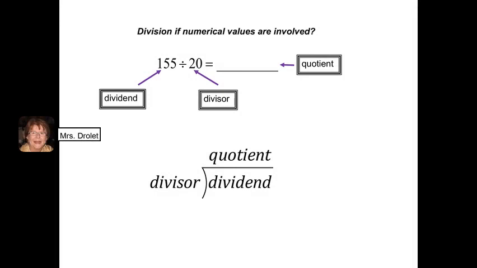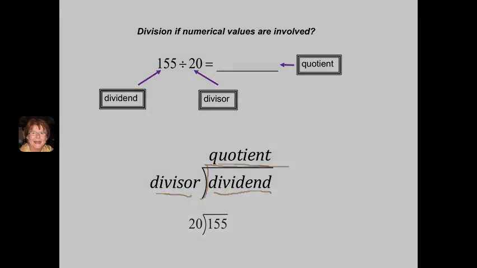And I'm using these words because this is how you're going to set up your long division. The question, the dividend, you put it inside your division sign. Here, you will have your divisor. Here is where your solution is going to be, your answer, your result.